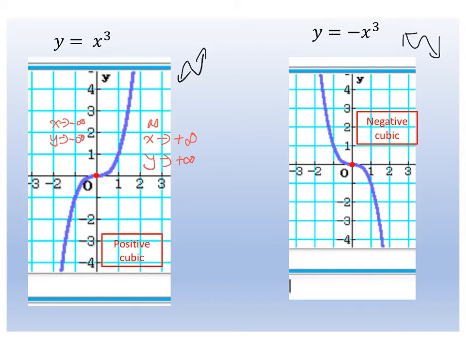For a negative cubic, as x approaches negative infinity, y approaches positive infinity, and as x approaches positive infinity, y approaches negative infinity. So you must know the distinction between y equals x cubed and y equals minus x cubed.